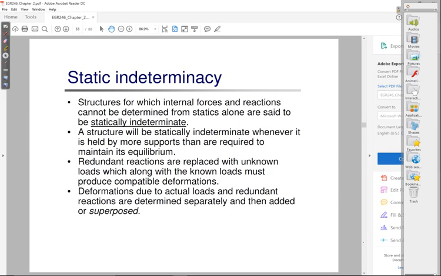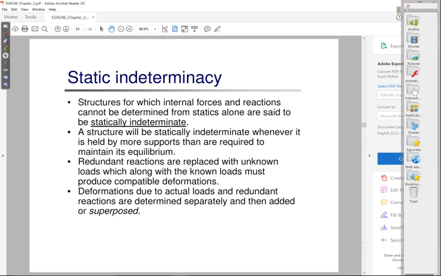Now, in statics, you probably talked a little bit about what it means when you have a statically indeterminate situation. So let's just briefly review here. If you have more unknowns than you have equations, then you're not able to solve your algebra problem.